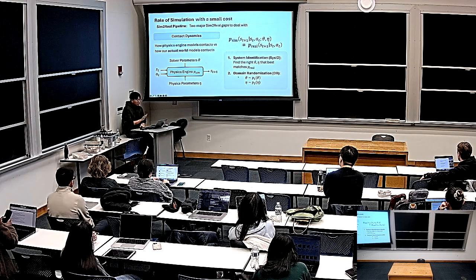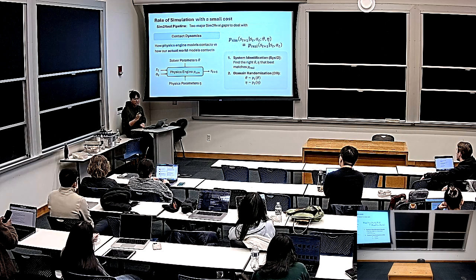But some of the parameters cannot really be accurately measured. For example, the friction parameters: it's really hard to measure accurate friction parameters of certain objects in the real world.